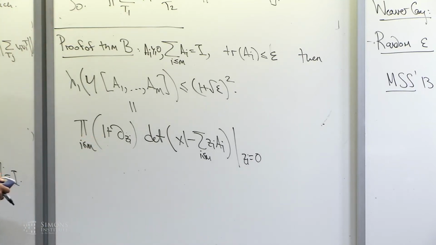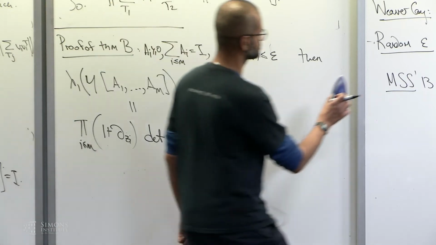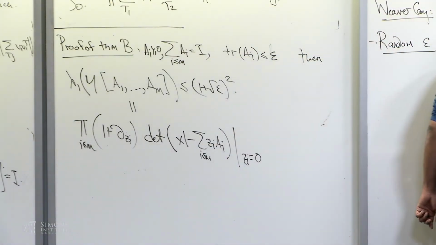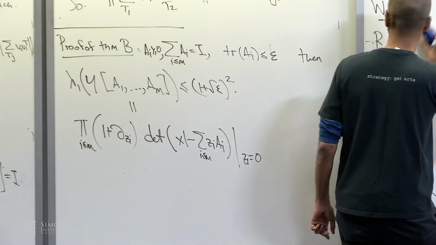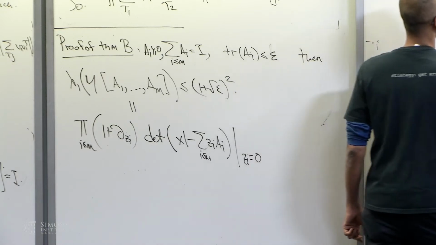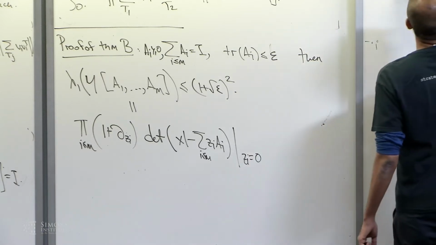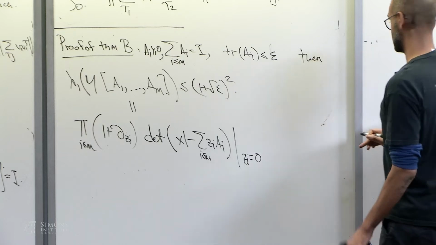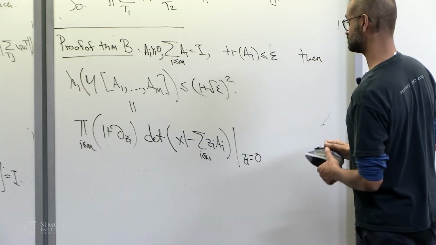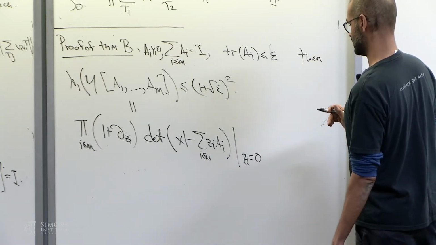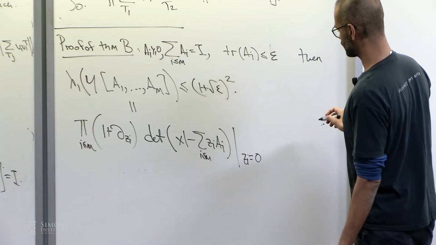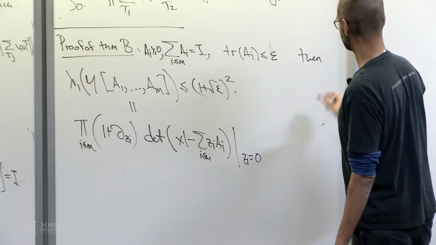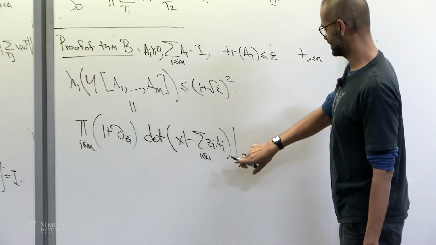So our goal is to control the zeros of a polynomial like this. Right? Okay. So it's going to be slightly more convenient to rewrite this again by doing a simple change of variables.